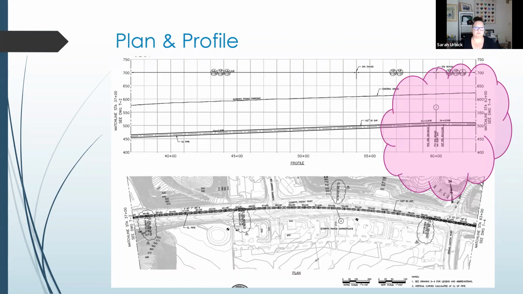Okay, so we're going to pick on this one section, the clouded section. It's got a call out. We've got some information here. There's a note down at the very bottom that says vertical curves calculated at center line of pipe. Well, 102-inch diameter pipe, 8.5 feet, right?